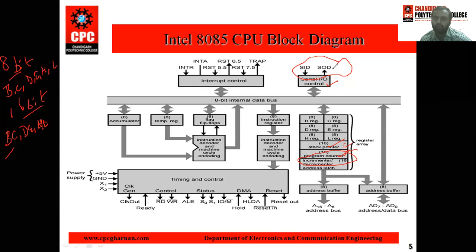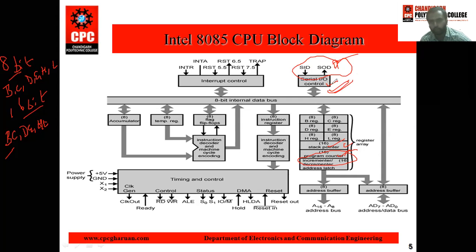After that, if it wants to give data to peripheral devices, the pin is SOD, serial output data. With the help of SID and SOD, we can provide data to the processor or take data from the microprocessor. This is the function of serial input output control.